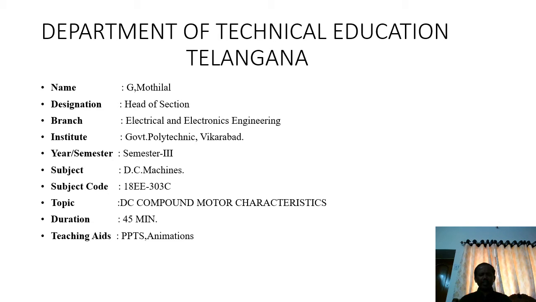And the next condition is EB equal to phi Z N by 60 into P by A. From this equation, all the remaining terms are constant, but N is directly proportional to EB by phi. In the case of the DC shunt motor, flux phi is constant, so the speed is directly proportional to the back EMF induced in the armature.